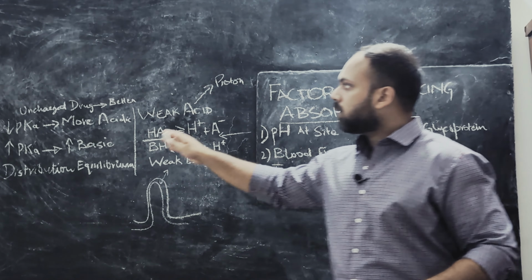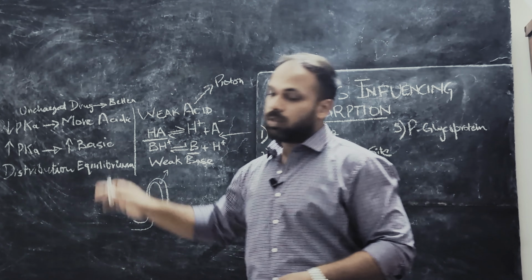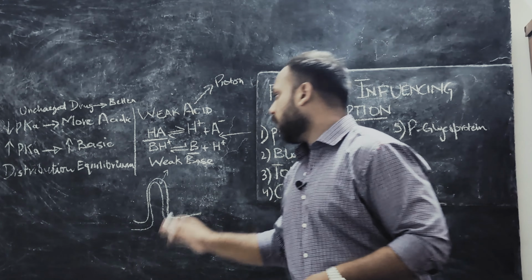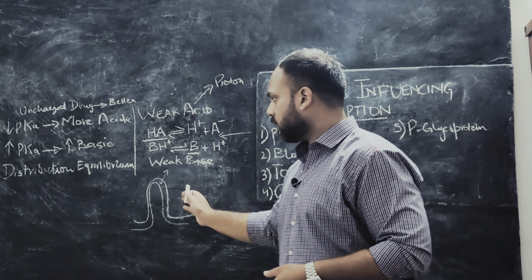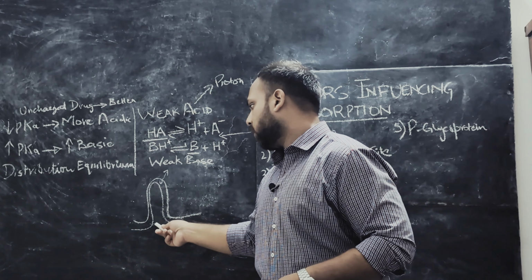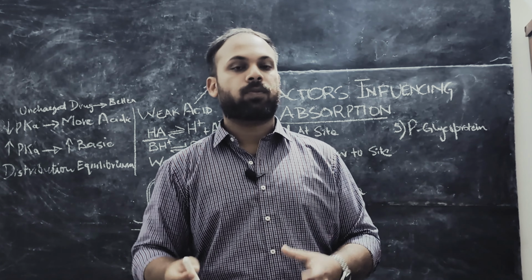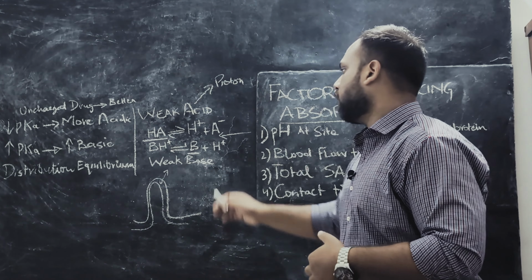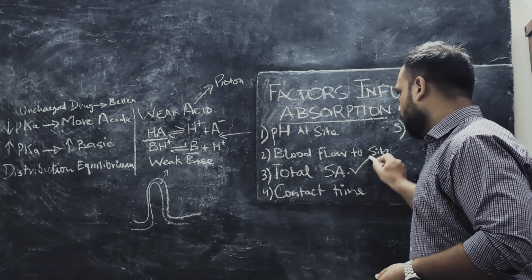As I said before, uncharged drug is better for passing the lipid bilayer membrane, and in your intestine these microvilli are finger-like projections, also supplied with blood vessels. So there is good diffusion and a good amount of blood supply. More drug will be absorbed in your intestine as compared to your stomach. So that was the third one.